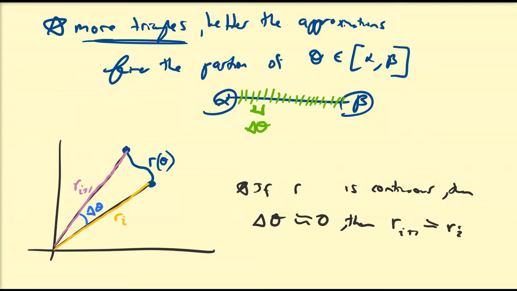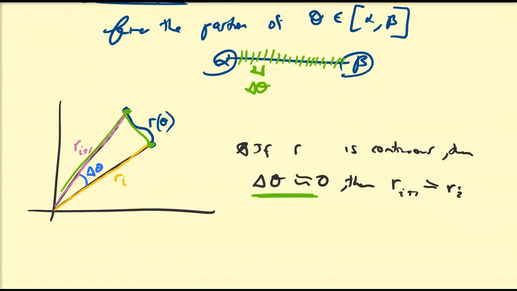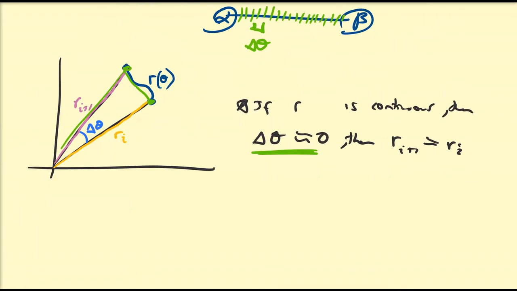That is, the change in r is pretty much the same, assuming r is continuous and this is arbitrarily close to 0. If these lengths are pretty much the same, then this arc length is approximately linear. Therefore, the area of the region is approximately equal to the area of a circle sector.